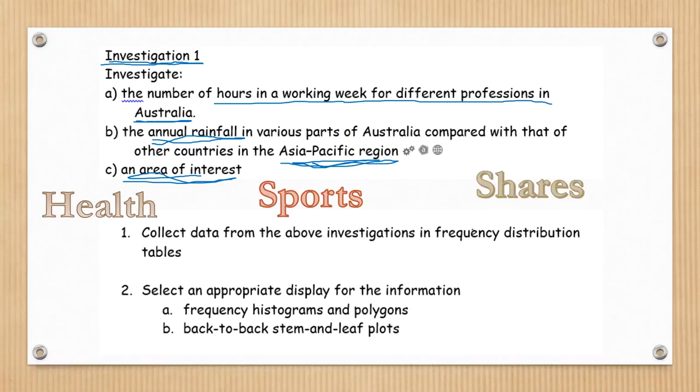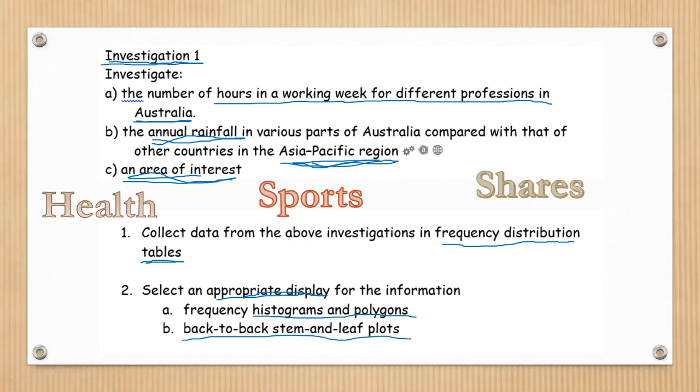Once you've done that, I want you to use a frequency distribution table to collect the data. And then I want you to choose an appropriate display. So if your data is going to be good for histograms and polygons, use those.